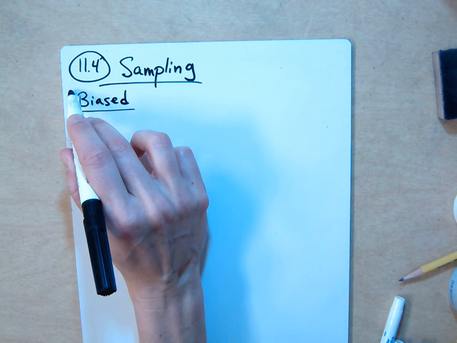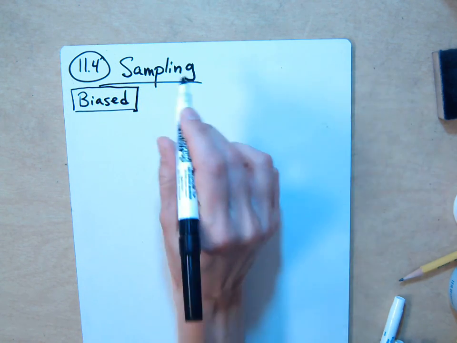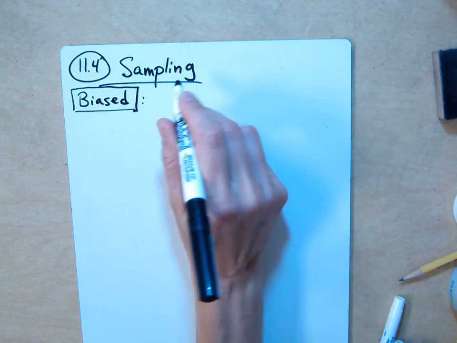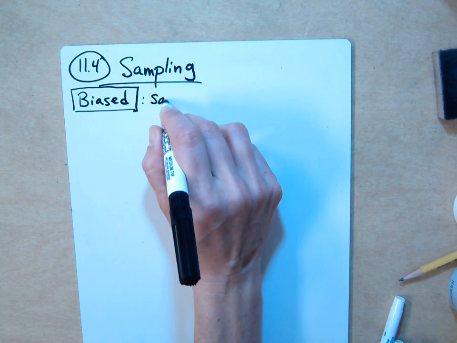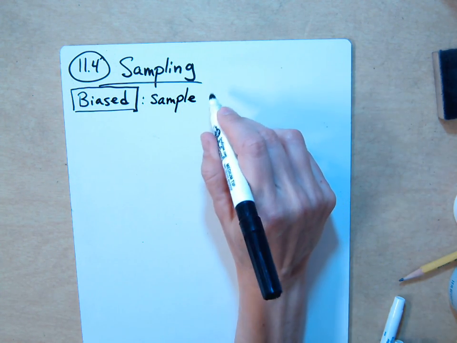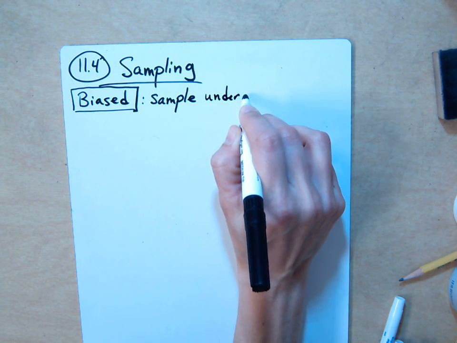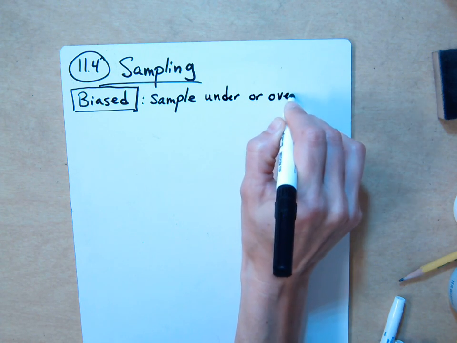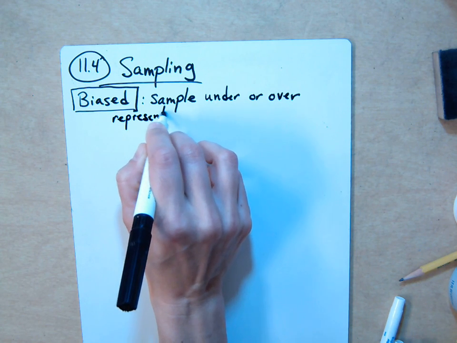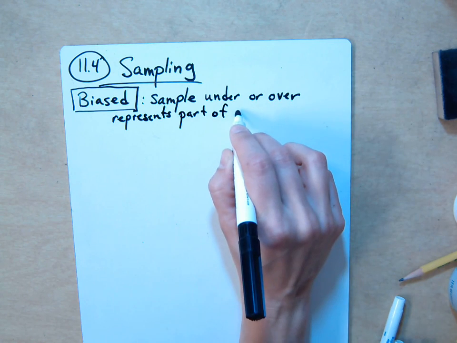If we use data that's collected in a biased manner, then any of the conclusions we try to draw are not really legitimate. So a biased sample is when your sample under or over represents part of the population.